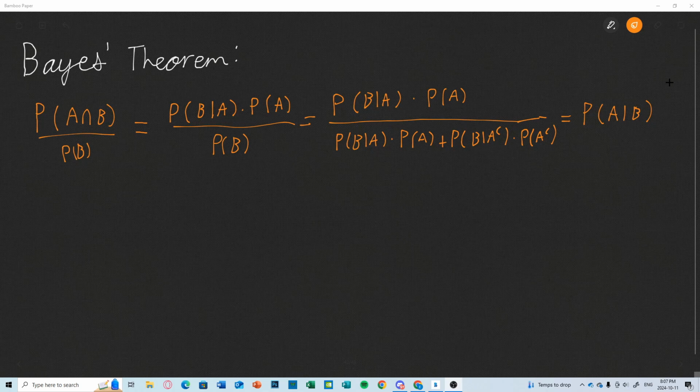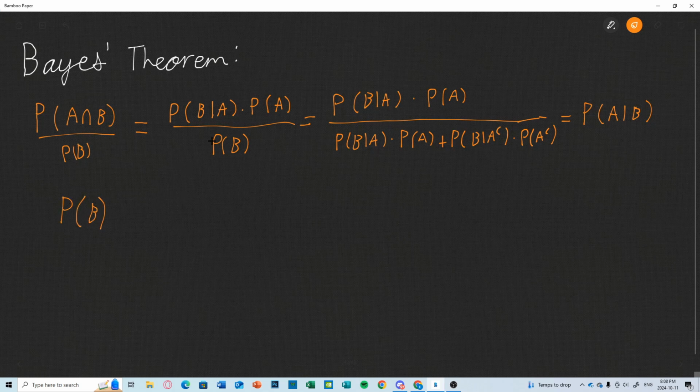So we have our probability of A given B, which will be equal to the probability of A and B divided by the probability of B. But this could also now be equal to the probability of B given A multiplied by the probability of A, all divided by the probability of B, which could also be equal to the probability of B given A multiplied by the probability of A, divided by the probability of B given A multiplied by the probability of A plus the probability of B given A complement multiplied by the probability of A complement, which is another way that we could get our probability of B.